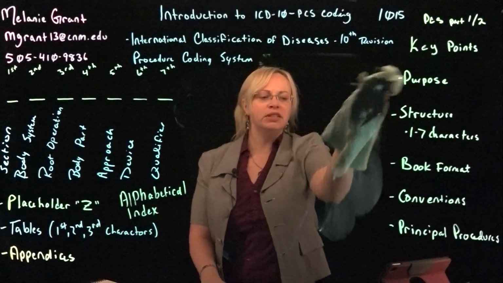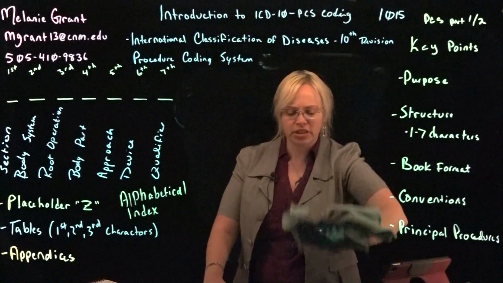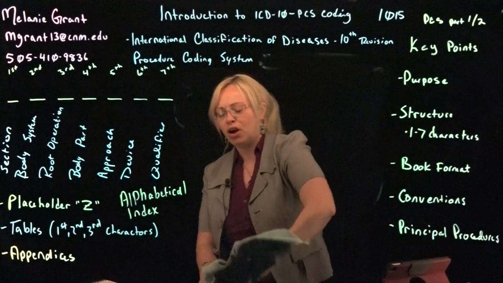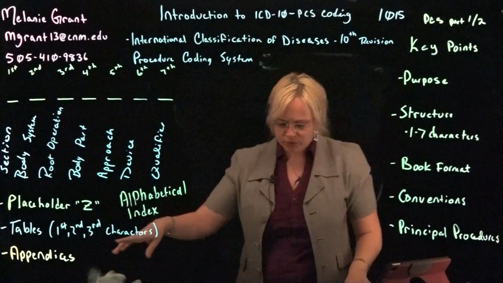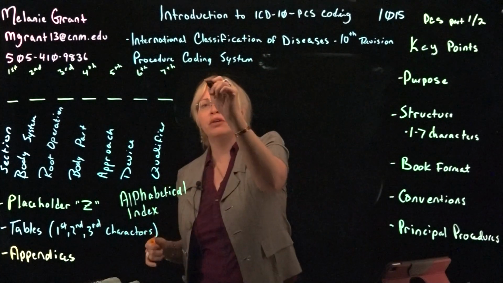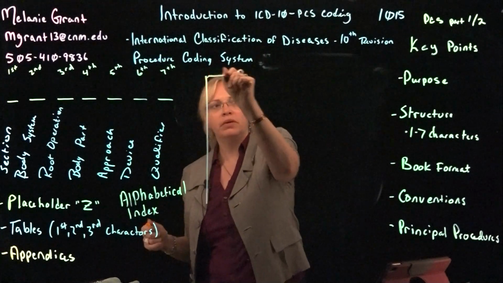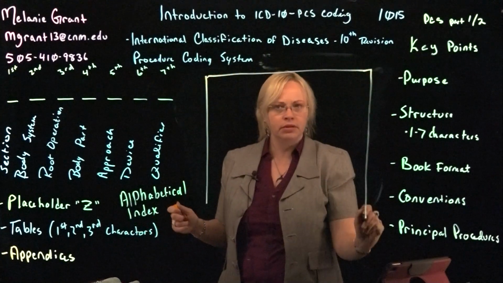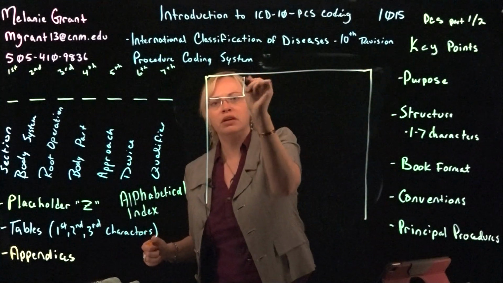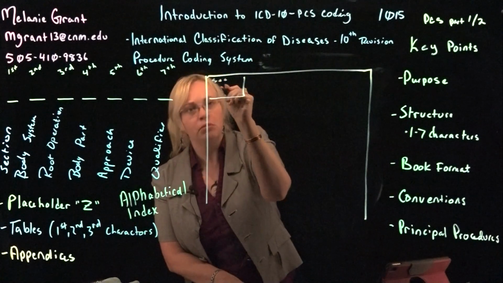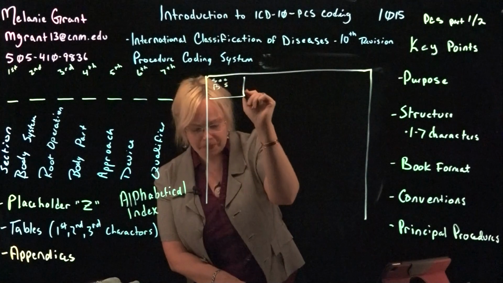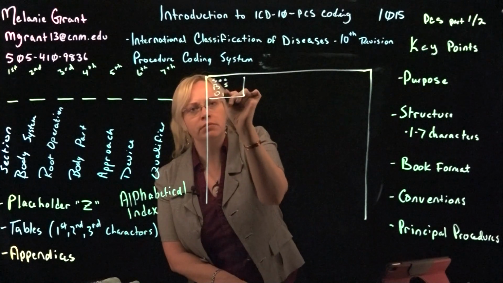So you're not going to see all of the different options that you may have or be aware of are available. For example, I'm going to put this table up here on the board for you. Okay? So we have here section, body system, operation.